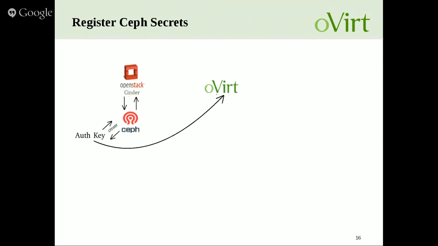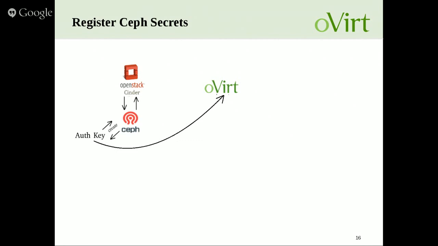This key we are using in oVirt, and with this key oVirt also generates a UUID, which a user can also change. And this UUID is the one that we will be passing to the host when we try to run a VM.